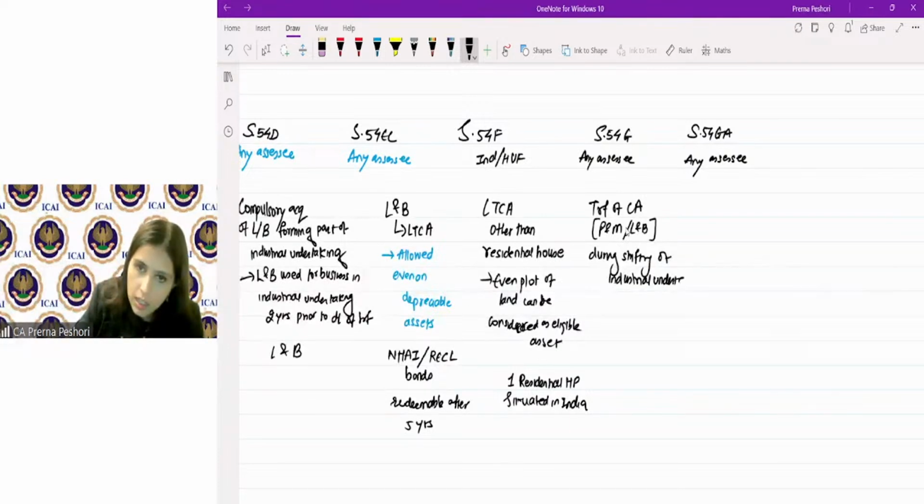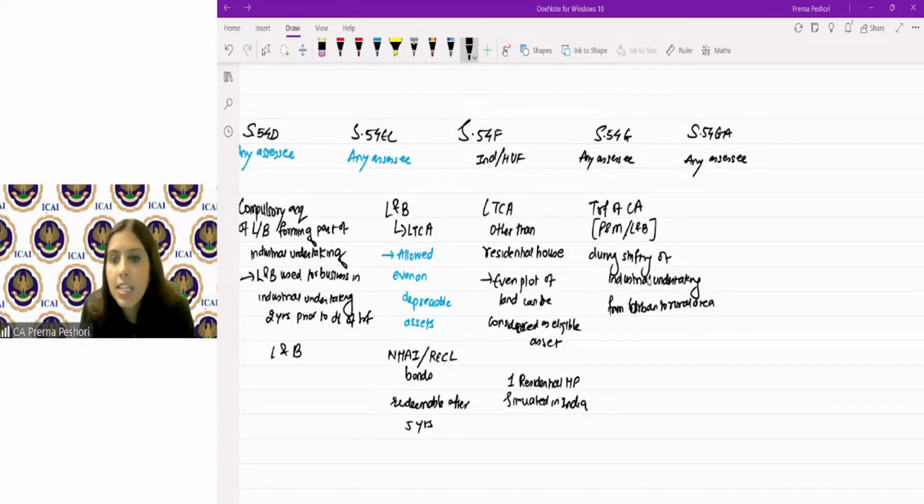Okay. So then in that case, there is the capital gain which is arising.